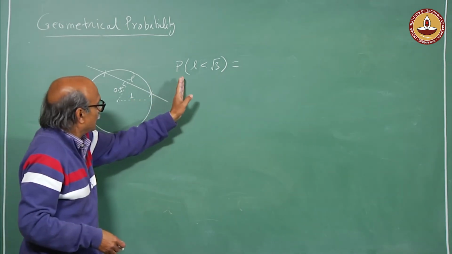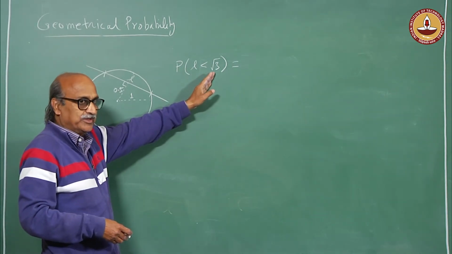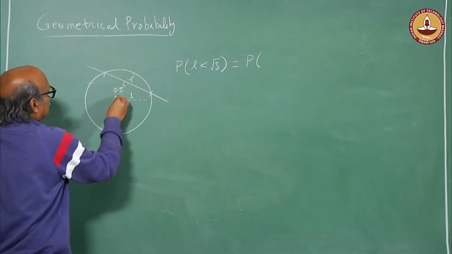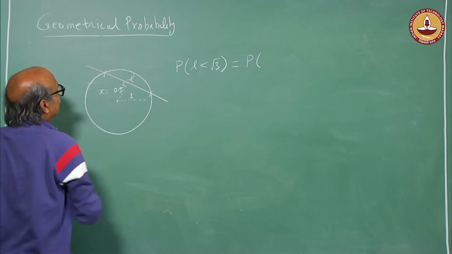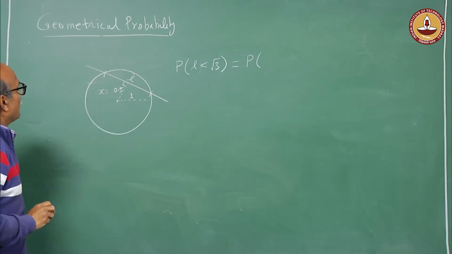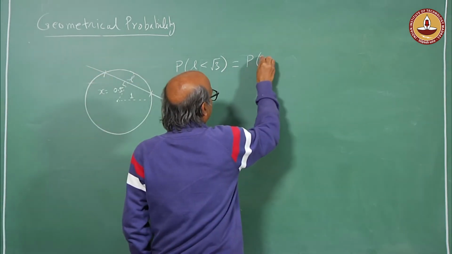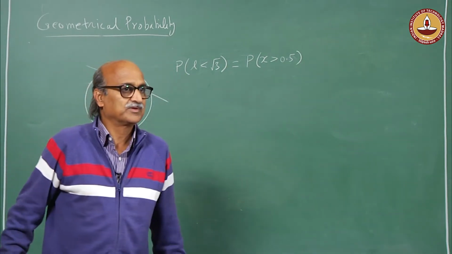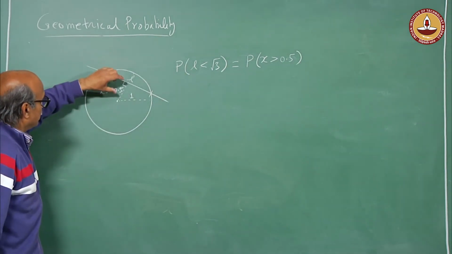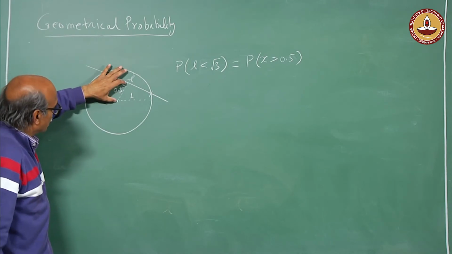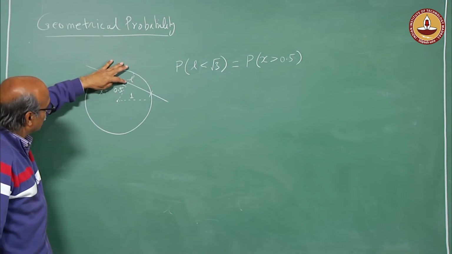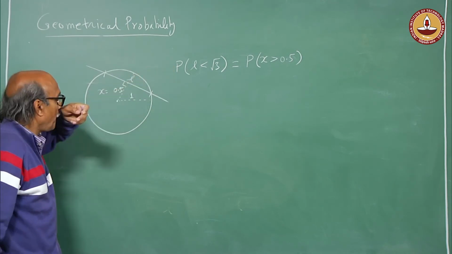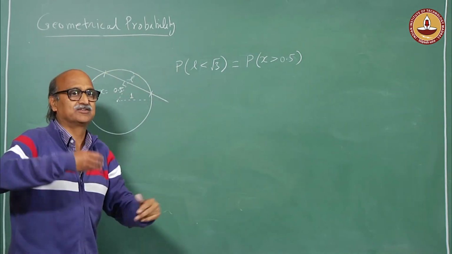So, the probability that the chord length would be less than root 3, I can rewrite this question as, if this distance is x, the probability that x is greater than 0.5, that is the midpoint of the chord, with this perpendicular will fall at the midpoint. So, if the midpoint of the chord is at a distance of greater than 0.5, then the chord length will clearly be less than root 3.